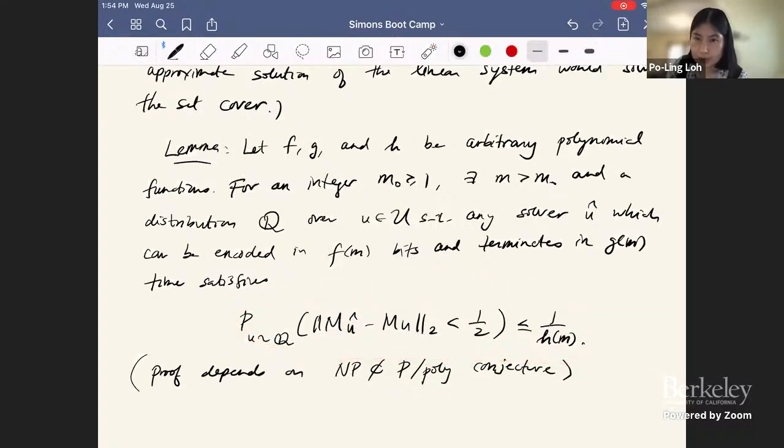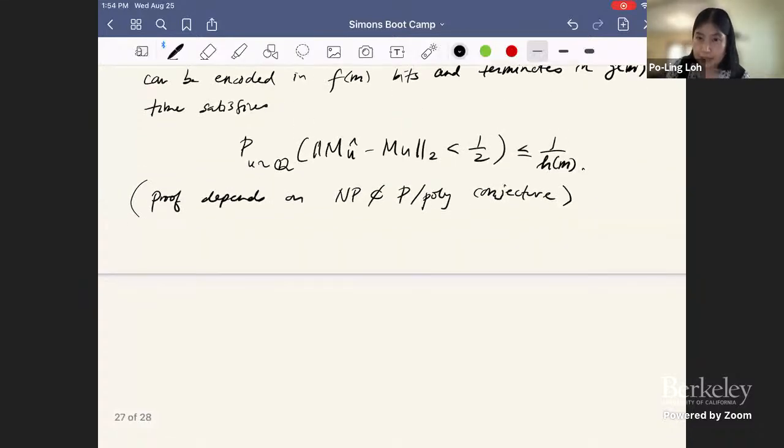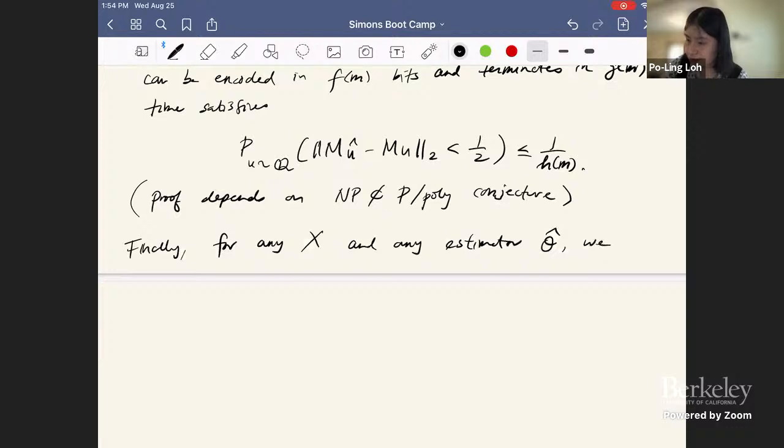So then the last bit, which I'm just going to highlight briefly, is finally, for any x and any estimator, theta hat, we write the bound: supremum over all k-sparse vectors.